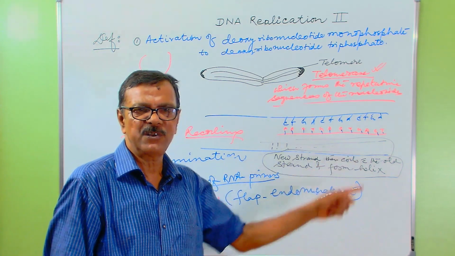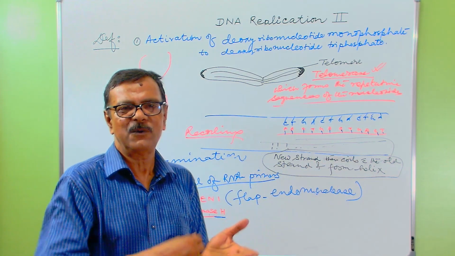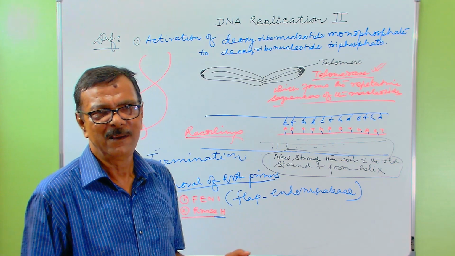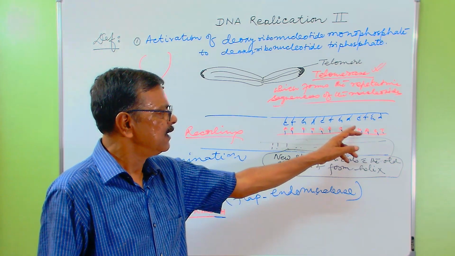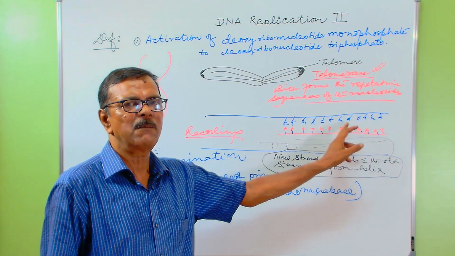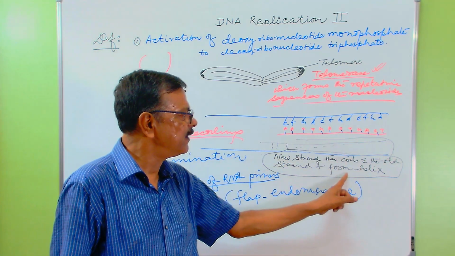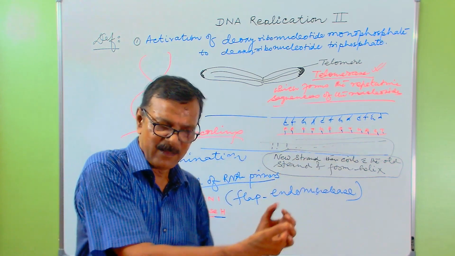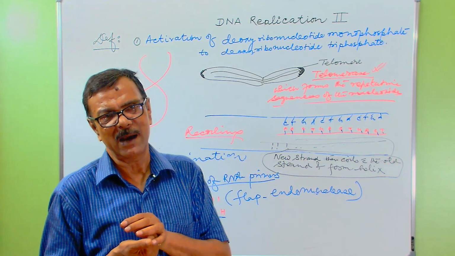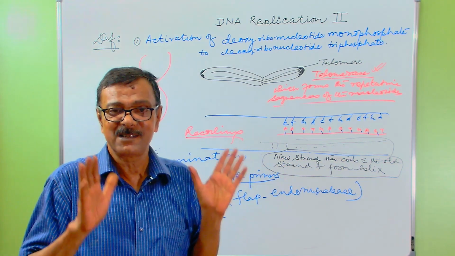If there is an error, they will check; if not, they sign: yes, work is over, satisfactory. They say it was in the form of a helix, so you make the helix. So this helical form is restored. So DNA replication is done.